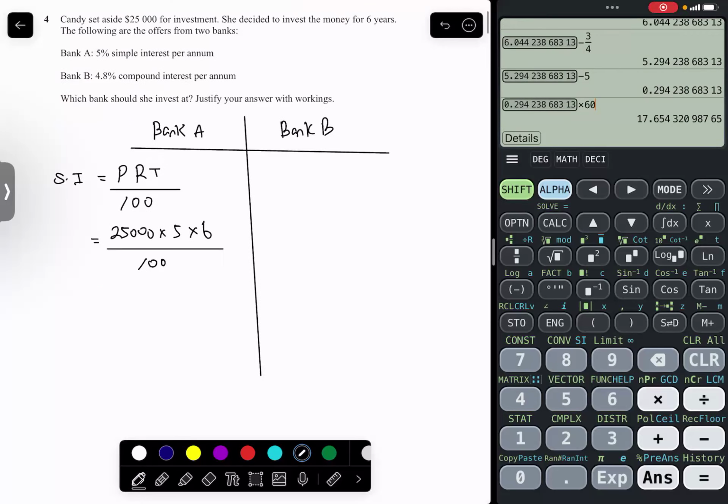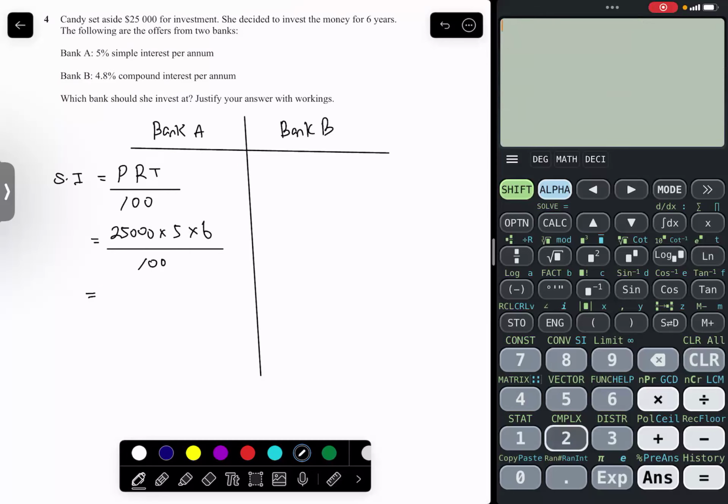Key into the calculator, 25,000 times 5% times 6 years. So that will be 7,500. This 7,500, remember, is just the interest part.